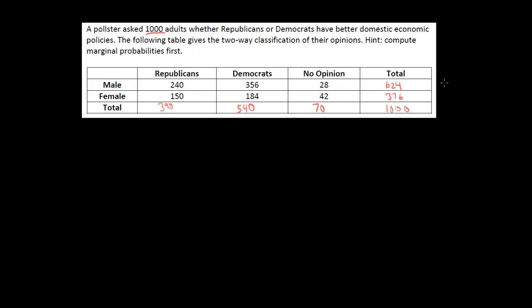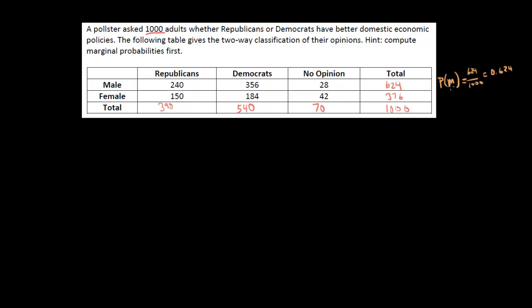So we could say that the probability, and we'll call it just M for male, is equal to the probability of being male, there's 624 over 1,000. So what's that equal to in decimal form? Well, 624 divided by 1,000, move the decimal place 3 times, and you get 0.624.